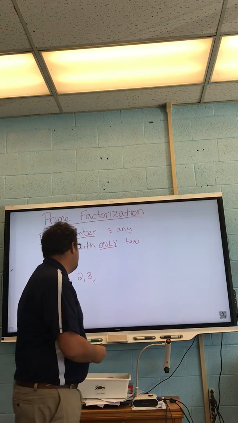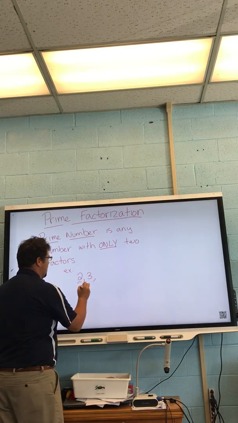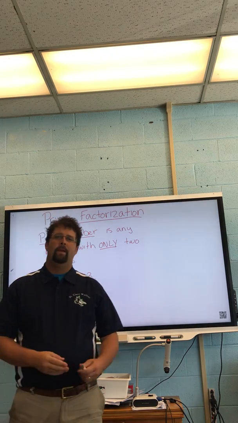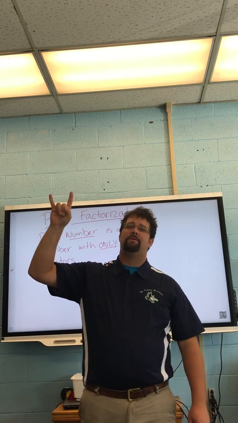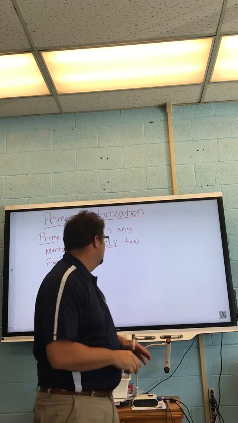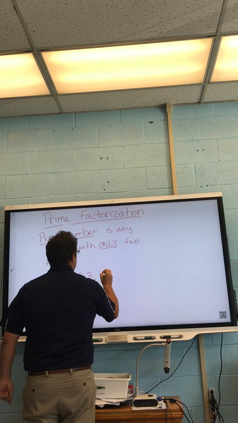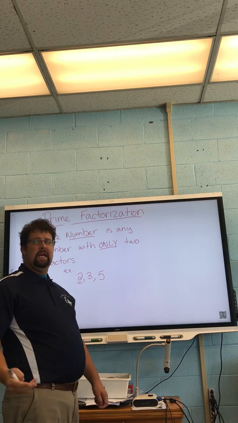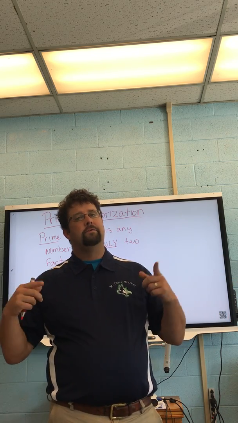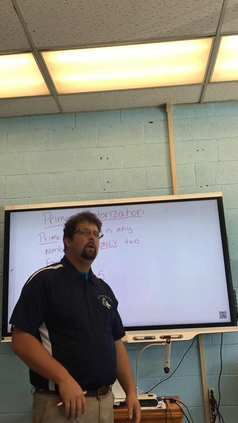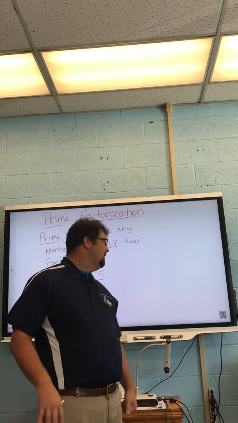In fact, the only even prime number is the number 2. All right? The number 5 is a prime number. 1 times 5, 5 times 1, those are your only factors. 6 and 1, 1 and 6, but then you have 2 and 3, so that does not work. You also have the number 7, okay?